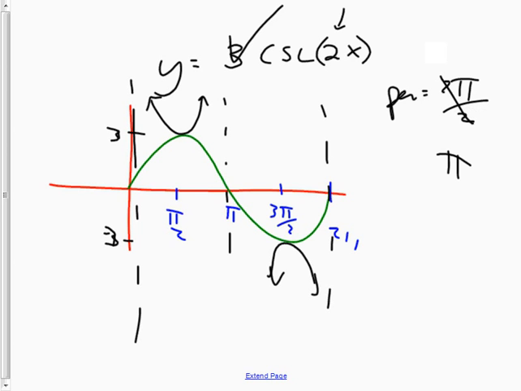So that means this 2 pi right here has to be changed. I get rid of the 2 pi and put in a new one. Now it's going to be pi. So what did I really do to that? I divided it by 2, or multiplied it by 1/2. So I do that to everything.